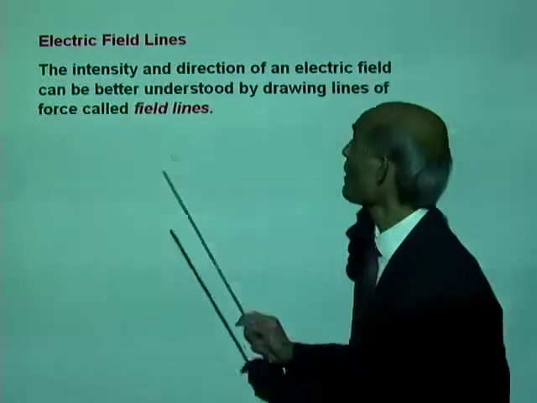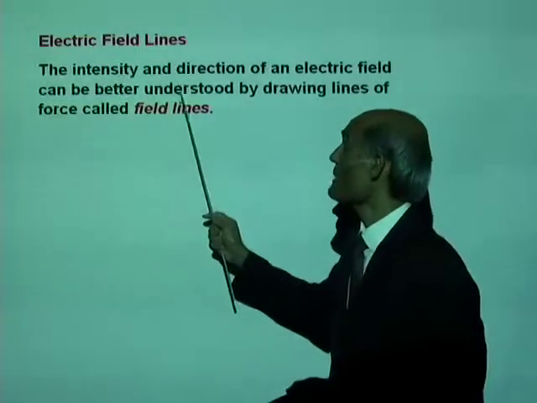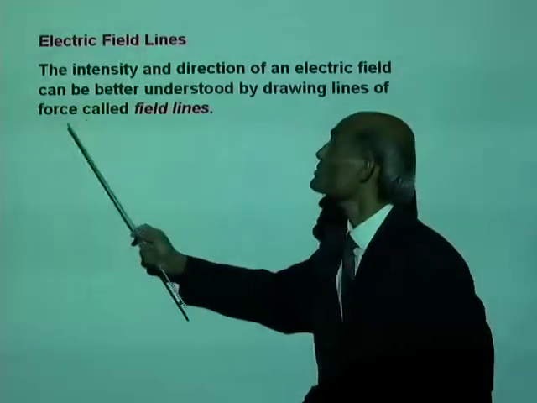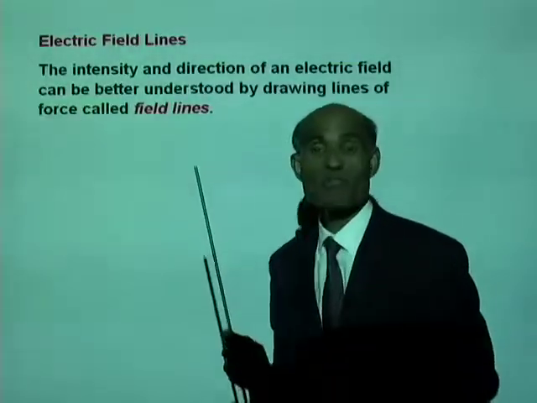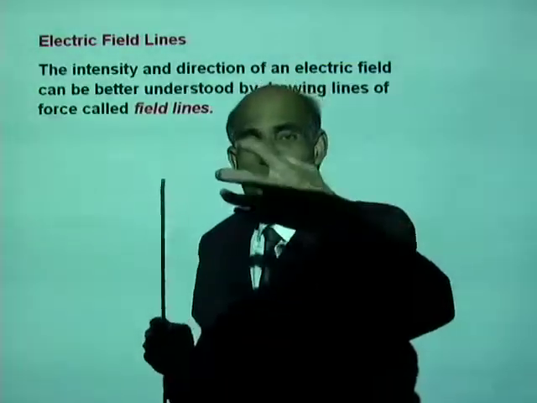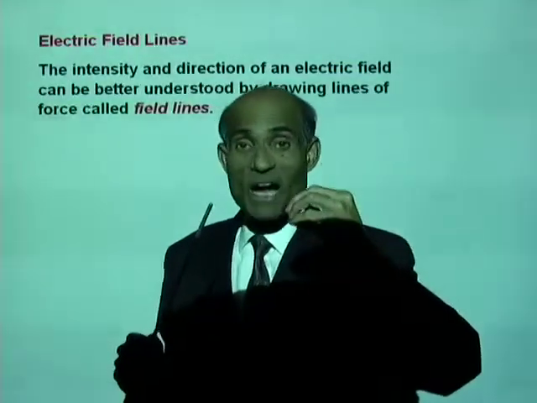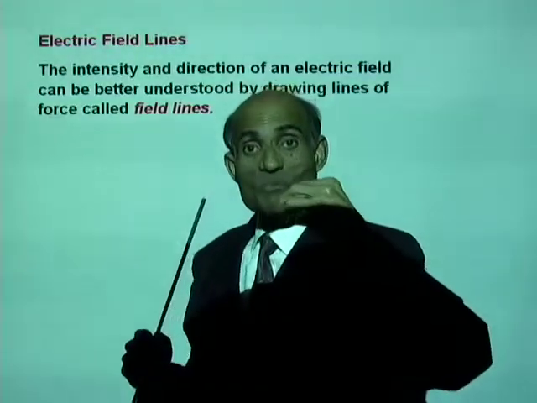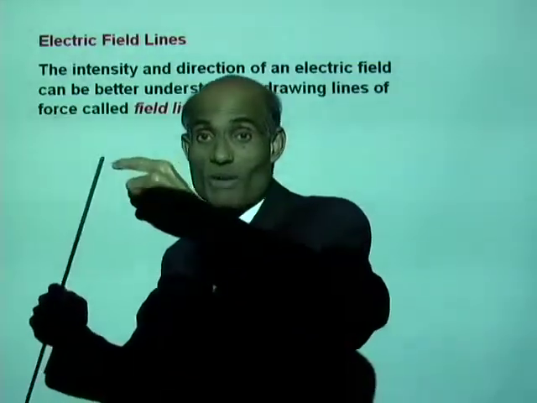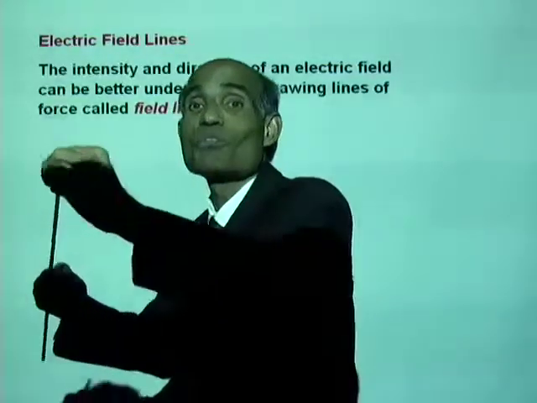The intensity and direction of an electric field can be better understood by drawing what are called lines of forces, called field lines. What is a line of force? Again, you bring back our test charge. A test charge placed inside an electric field will experience a force, and due to that force it will move, and the path that it will follow is called a line of force.